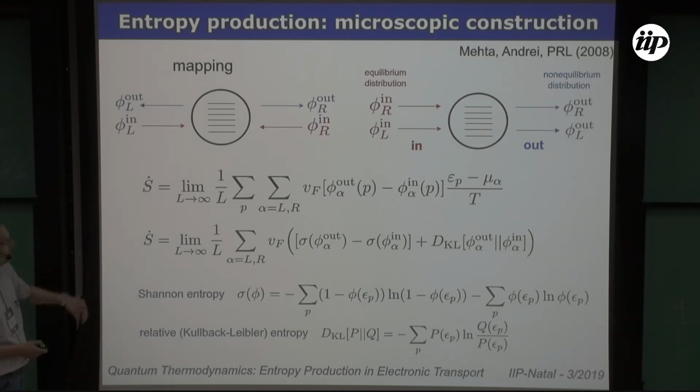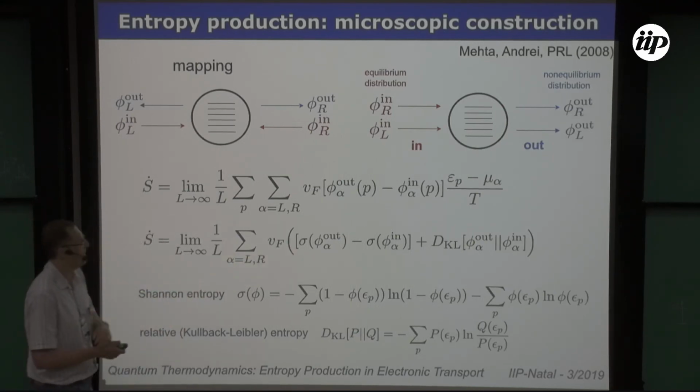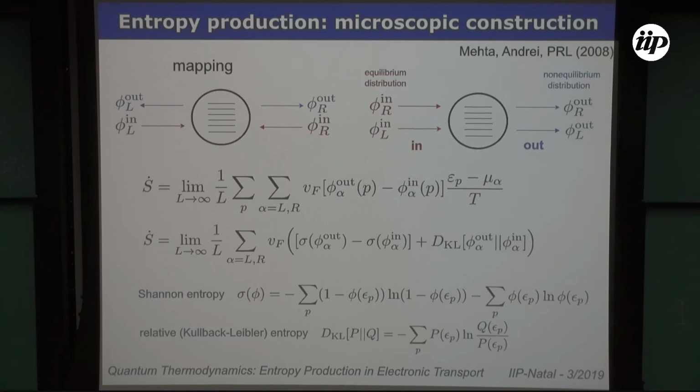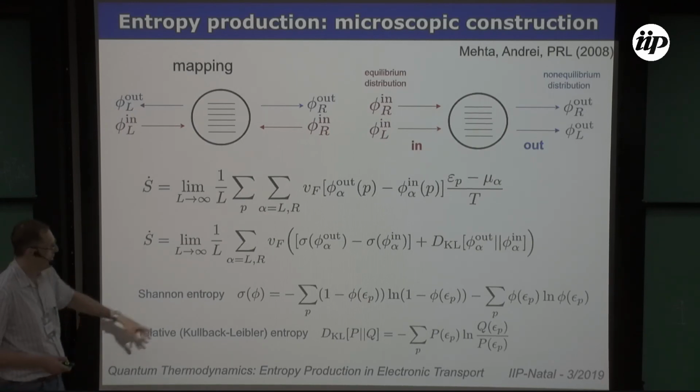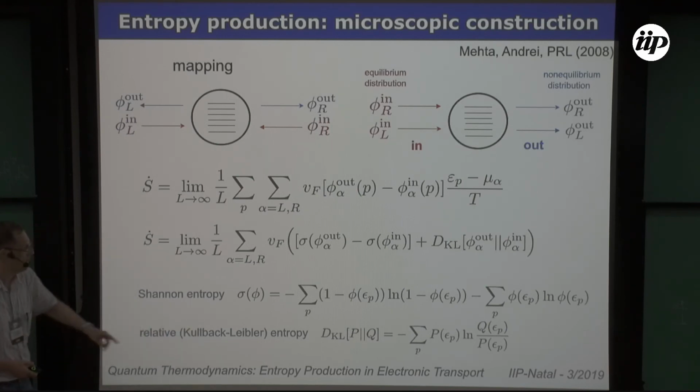By the end of the day, you have the entropy production in a static case, just basically the difference of these entropies in both reservoirs, and the thing that produces entropy is this relative entropy given in the standard way. So you can infer all that from the scattering matrix if you do everything correctly. So in this sense we are able to reproduce the static case with our theory.